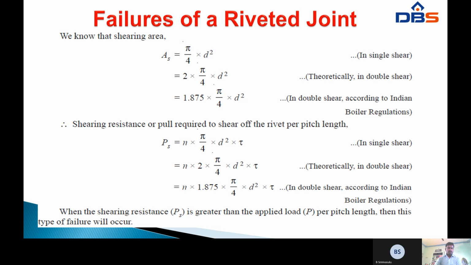Shearing resistance, or pull required to shear off the rivet per pitch length, Ps, equals n into pi by 4 into d square into tau in single shear, n into 2 into pi by 4 into d square into tau theoretically in double shear, and n into 1.875 into pi by 4 into d square into tau in double shear according to Indian Boiler Regulations. When the shearing resistance Ps is greater than the applied force per pitch length, this type of failure will not occur.